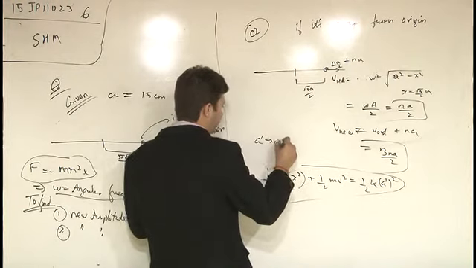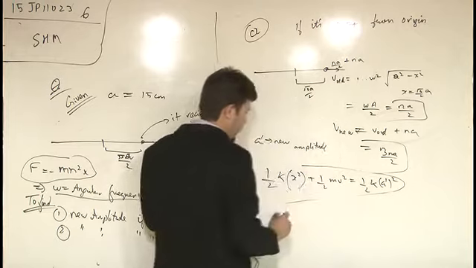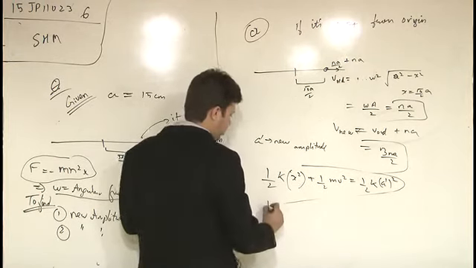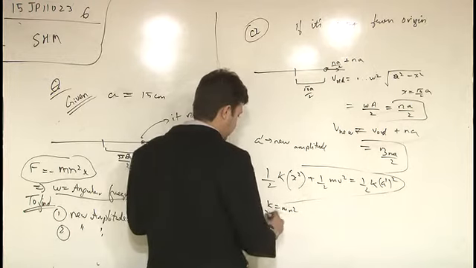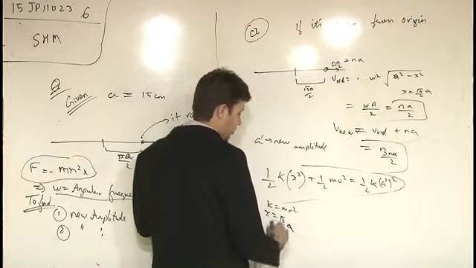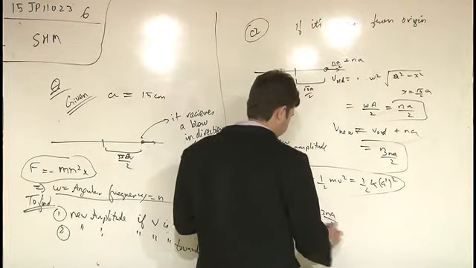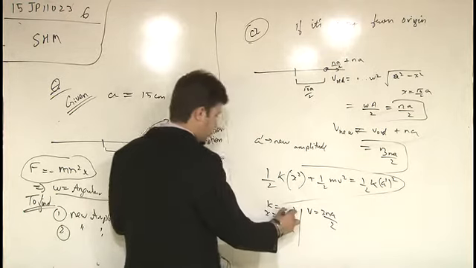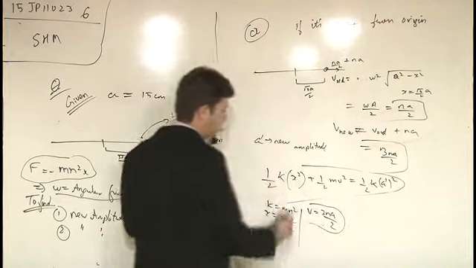Now one thing we can write is that k is equal to m n square, x is equal to root 3 by 2 a, and v comes out to be 3 n a by 2.